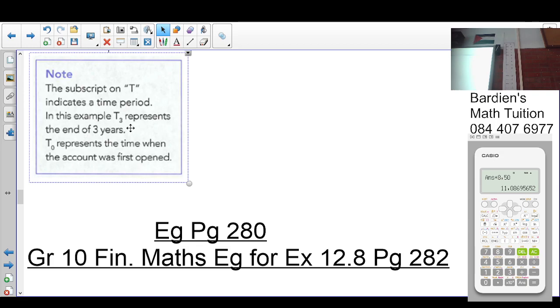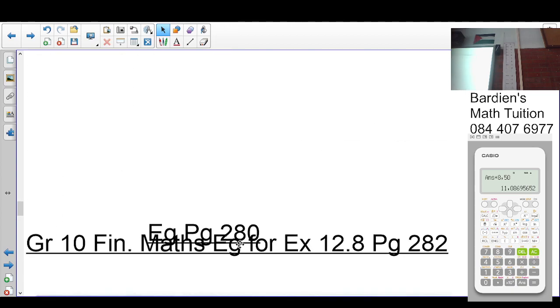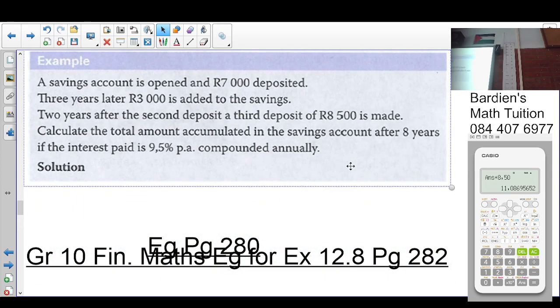In this example, T3 represents the end of 3 years. So if I have T8, it will be at the end of 8 years, and so on. T0 represents the time when the account was first opened, which is also the initial deposit.